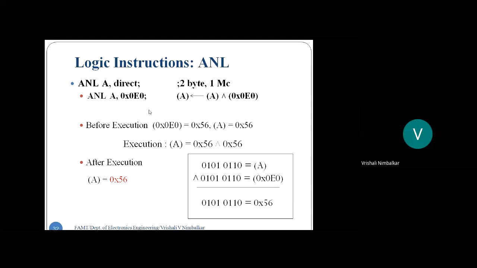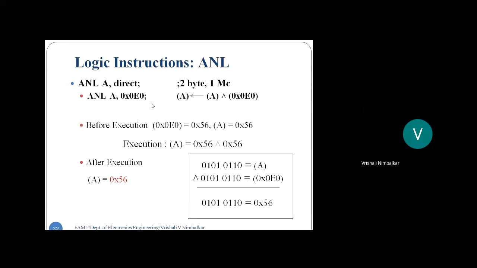Okay, so whenever you see an instruction, first identify whether the address is internal RAM or of a special function register. In our example, ANL A, E0 hex, E0 is the address of the accumulator. Meaning what am I doing? I am ANDing the accumulator with the accumulator itself.